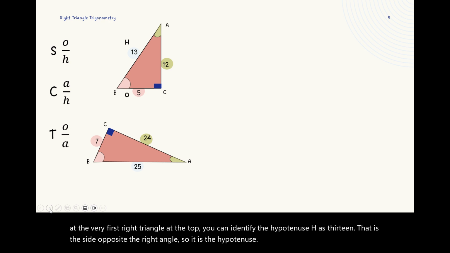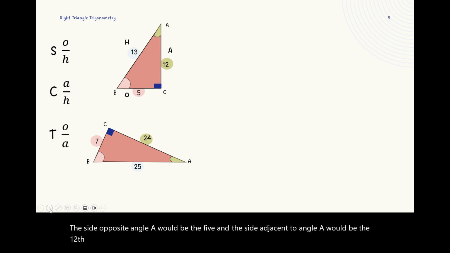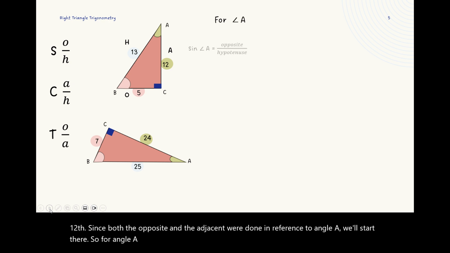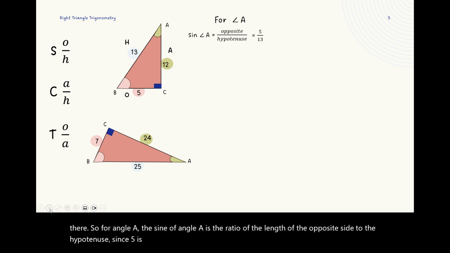The side opposite angle A would be the 5, and the side adjacent to angle A would be the 12. Since both the opposite and the adjacent were done in reference to angle A, we'll start there. So for angle A, the sine of angle A is the ratio of the length of the opposite side to the hypotenuse. Since 5 is opposite and 13 is the hypotenuse, the sine for angle A is 5 over 13.